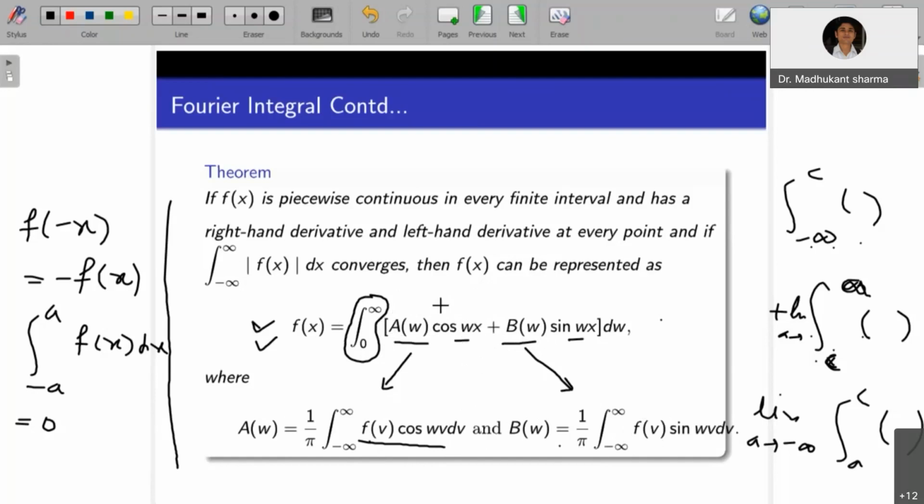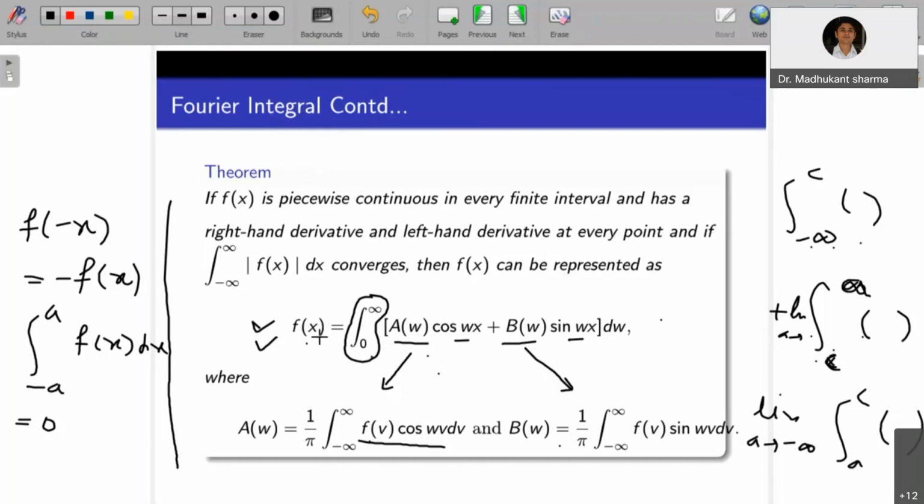Okay, so if you have been asked to find the Fourier sine integral representation or cosine integral representation, you check whether the function is odd or not. Again you may ask: sir, we have said that when f is odd or when f is even, it becomes a Fourier sine integral and a Fourier cosine integral respectively. But what happens if f is neither odd nor even, and you are asked to find the Fourier sine or cosine integral representation?